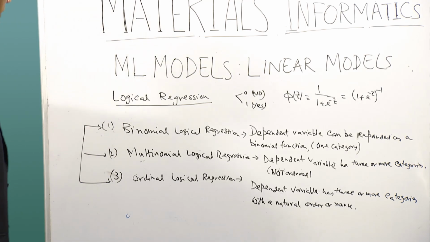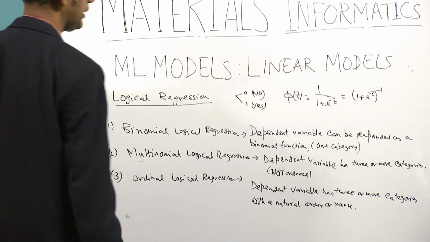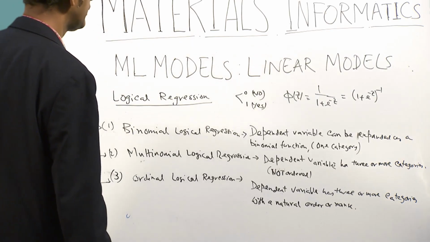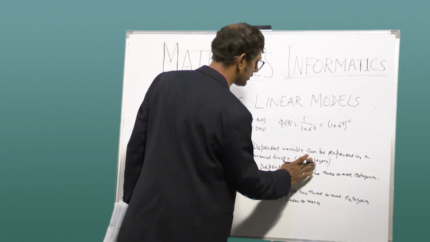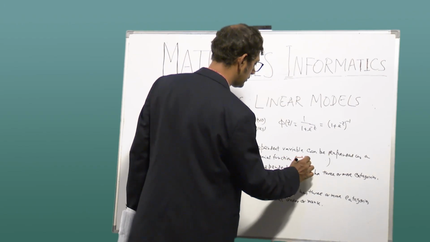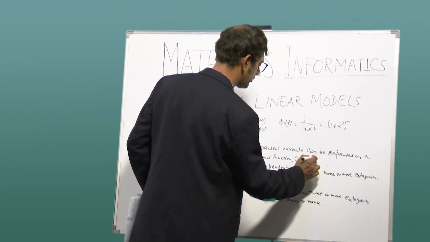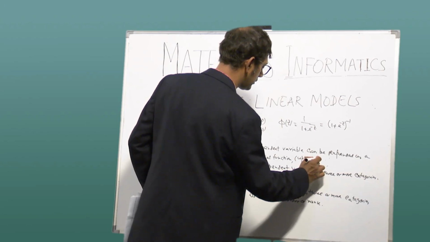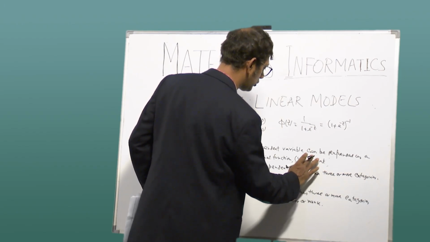binomial, multinomial and ordinal. In case of binomial, you have only 2 categories. Sorry, up to 2, not 3.